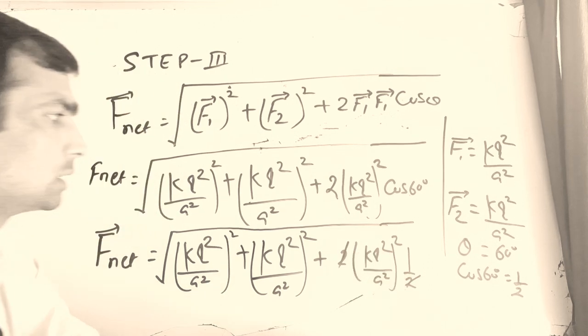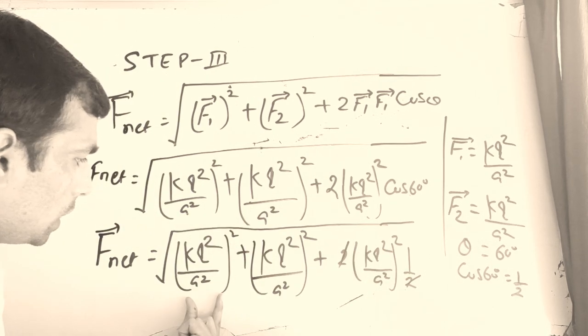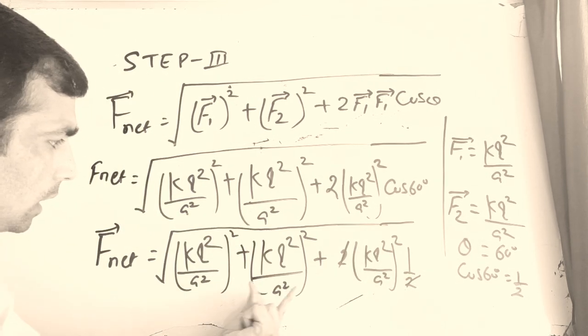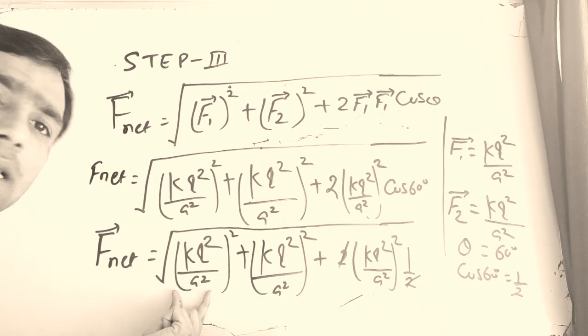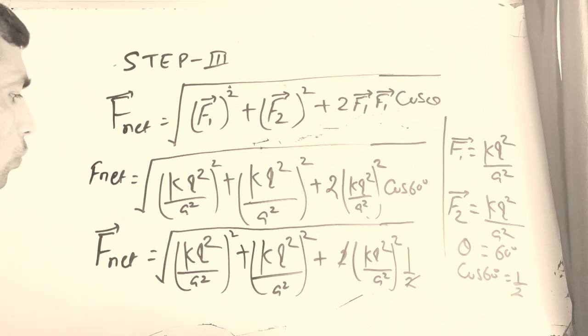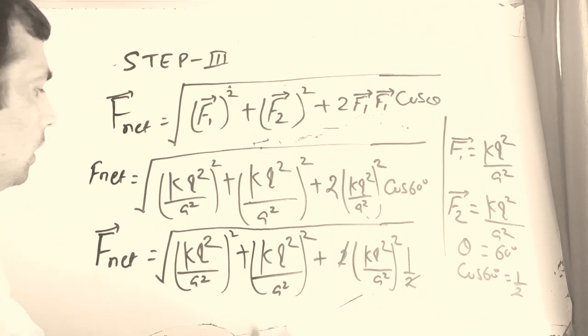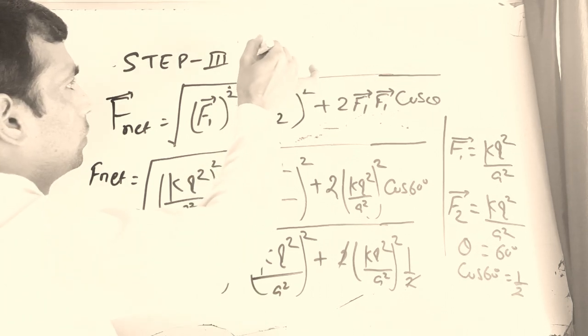The 2 gets cancelled. Look carefully: KQ square upon A square, KQ square upon A square, and KQ square upon A square. All are in A square, right? So what is your answer basically?